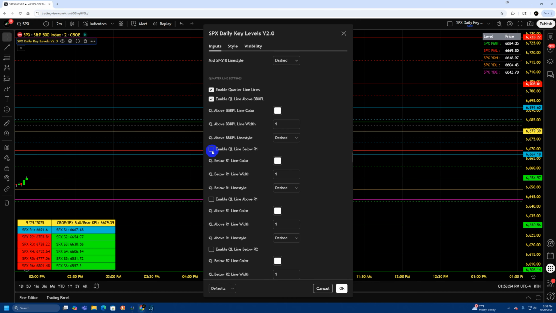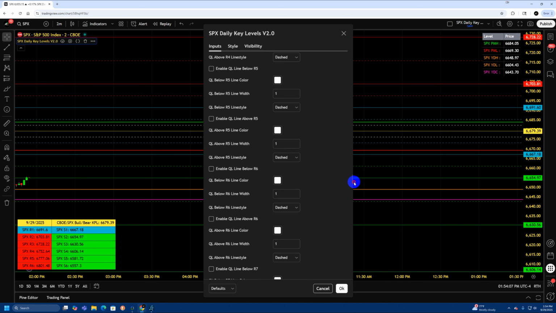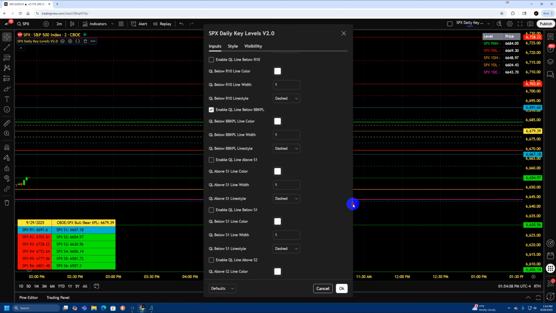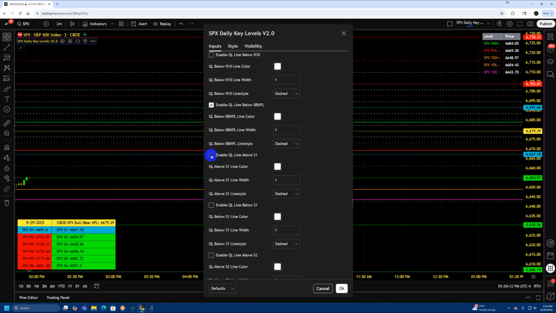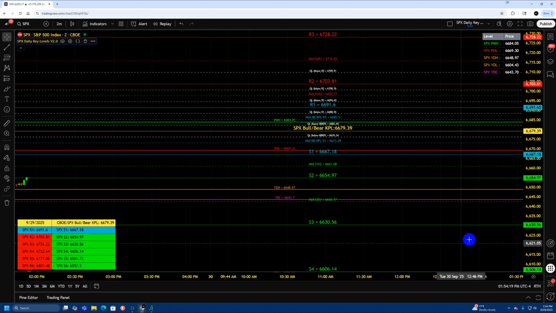Then enable QL below R1 and above R1, below R2 and above R2, and then the same thing for the S levels. Above S1, below S1, above S2, and below S2.